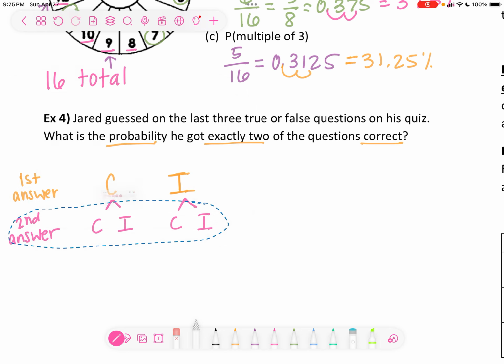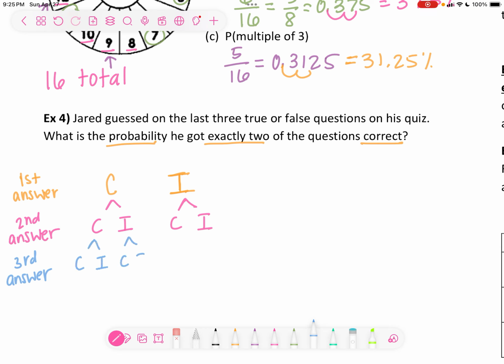Now for the third answer he gives, which is his final answer, because he guessed on the last 3. So his third answer in this scenario, again, it's either correct or incorrect. But now there's more choices from above that we need to continue from. Okay. So for every option above, he either got the next one correct or incorrect. So here's the idea here, right?